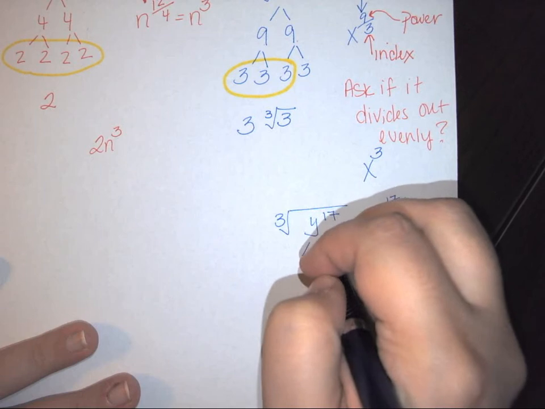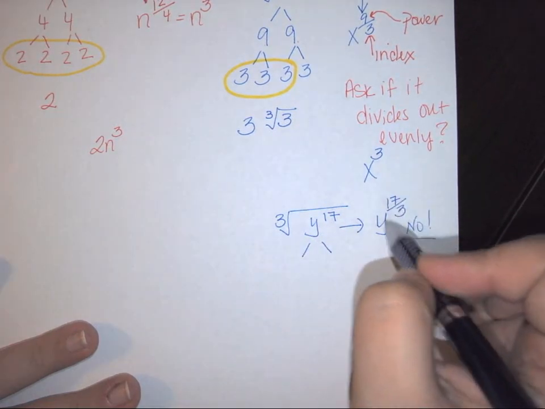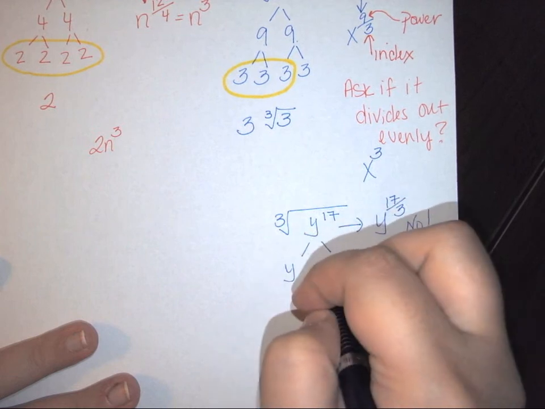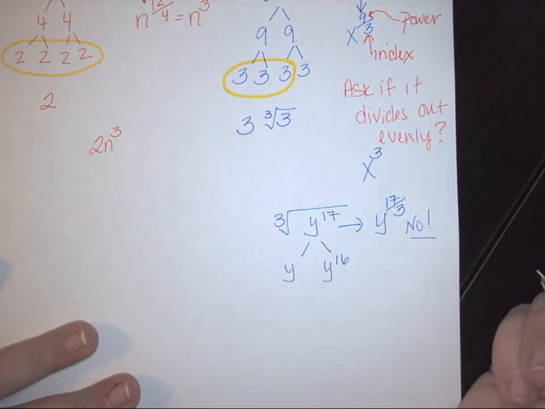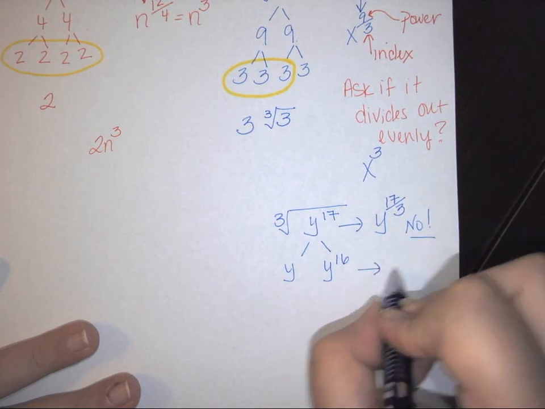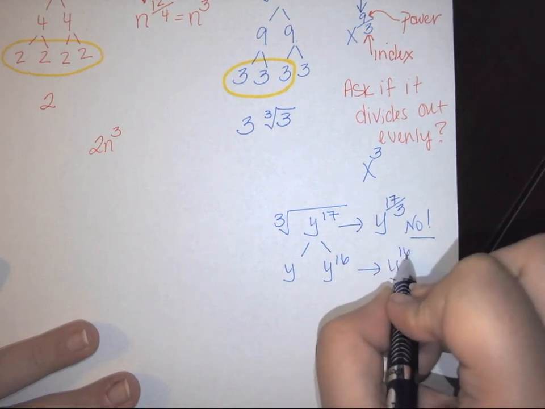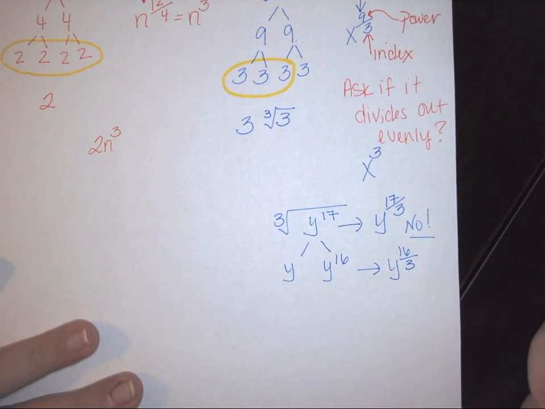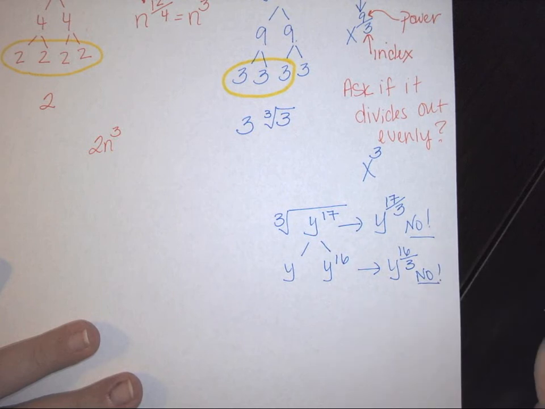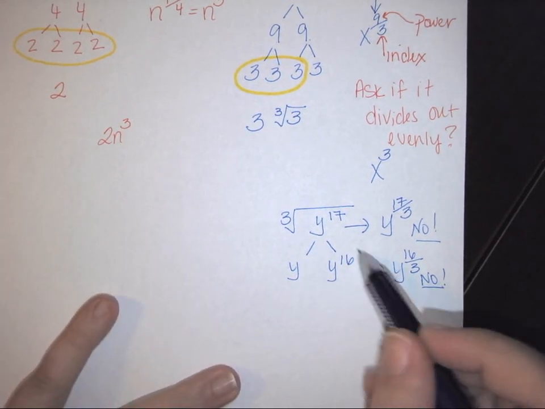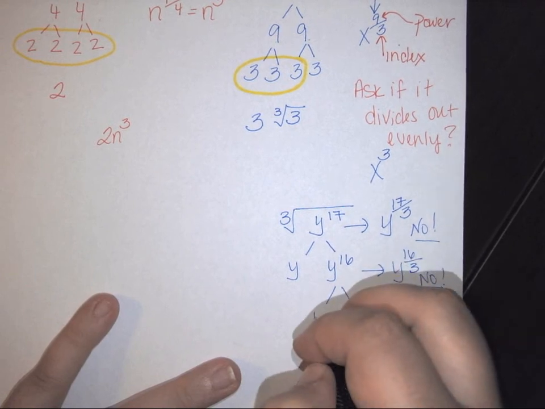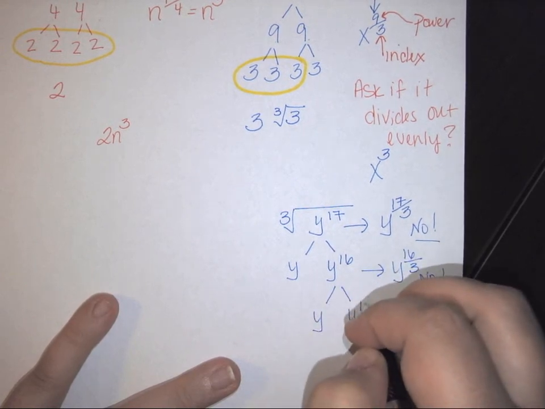Since this doesn't work, if I factor one of my y's out, that's going to leave 16 more. So the next thing I want to look at is, does y to the 16 over 3 work nicely? Well, again, my answer is no. Therefore, I have to take y to the 16th and break it down again. So I'm going to break it into y and y to the 15th.